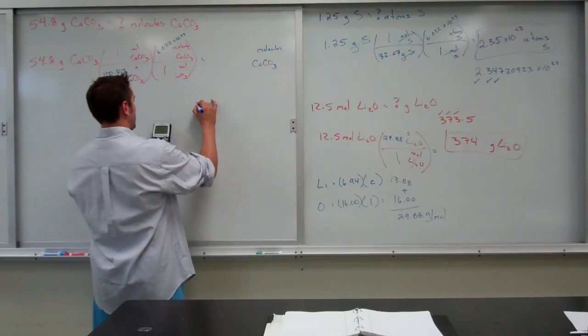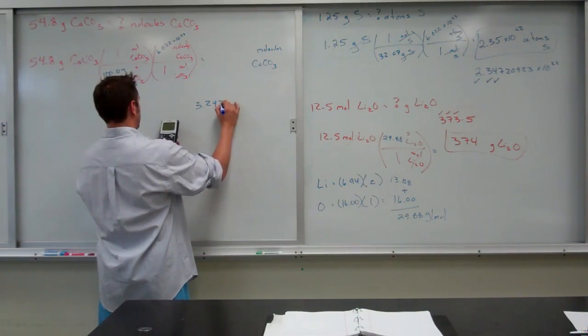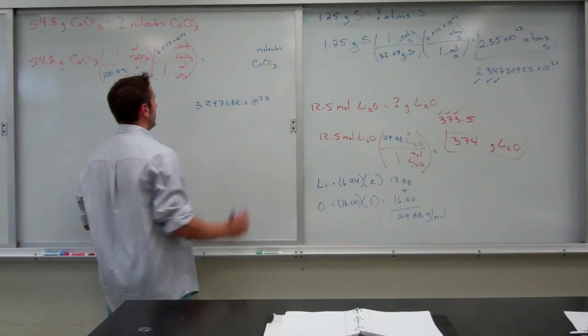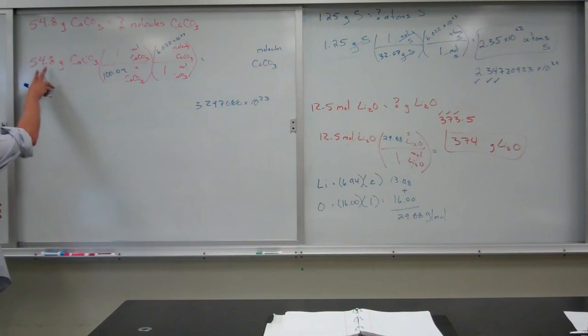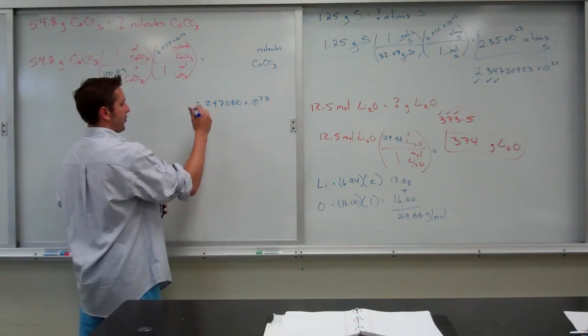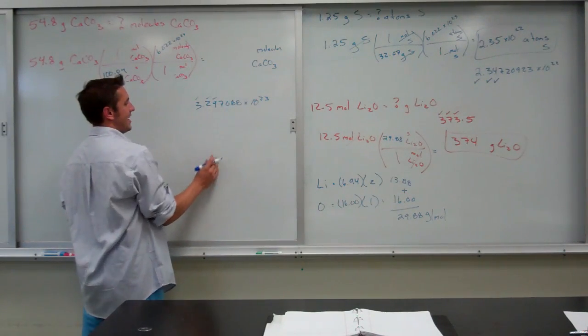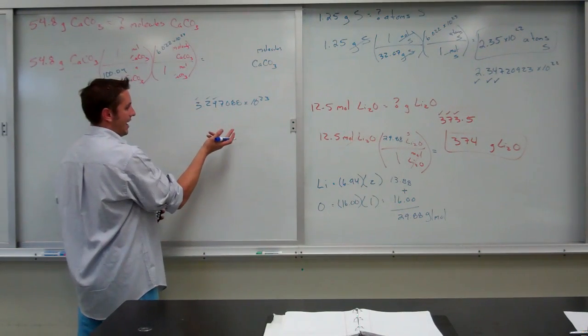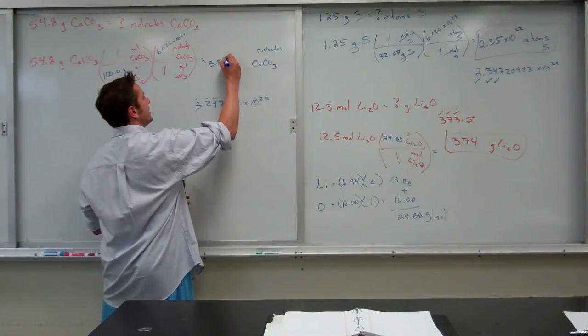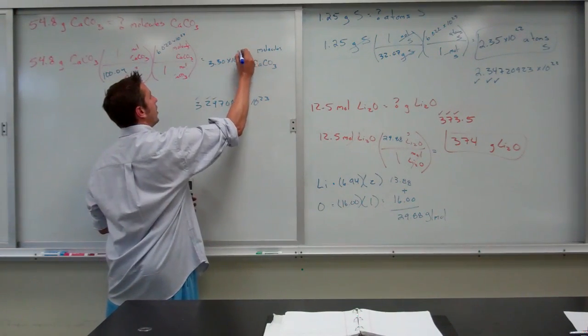My calc says 3.297088 times 10 to the 23rd. And watch our sig figs. 3 here, 5 here, 4 here. Means we get 3, so 3 yes, 2 yes, 9 yes. Will the 7 round the 9 up? You bet. Which is going to make us have 3.30 times 10 to the 23rd.